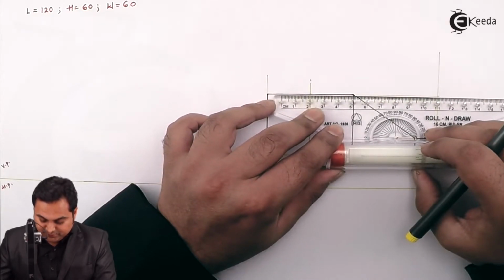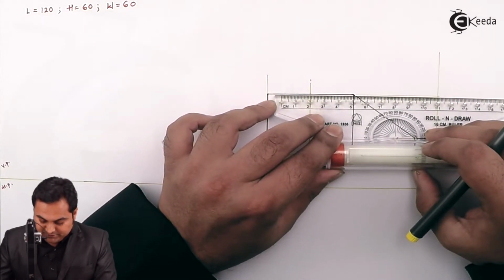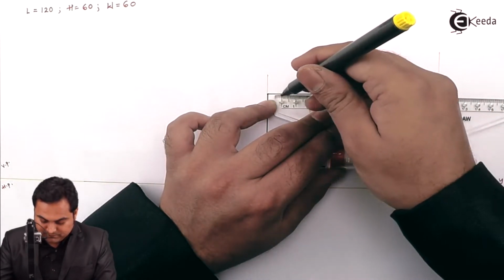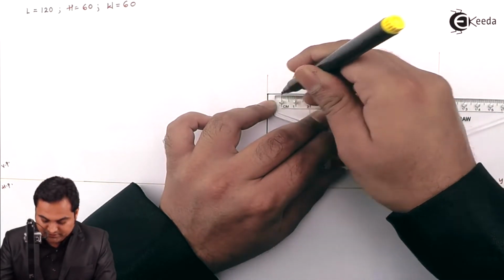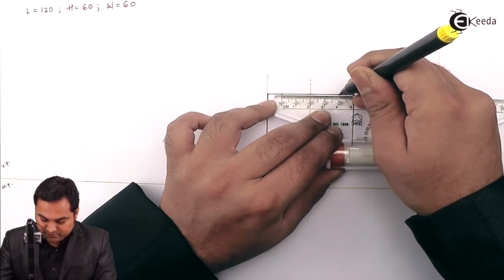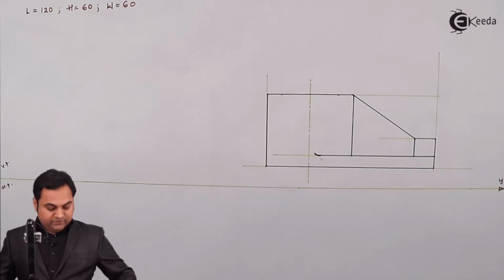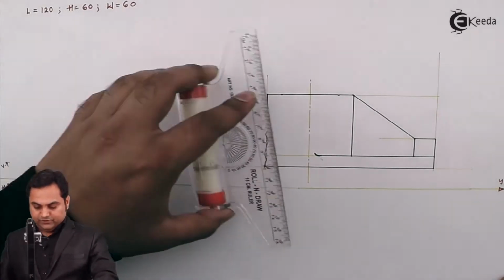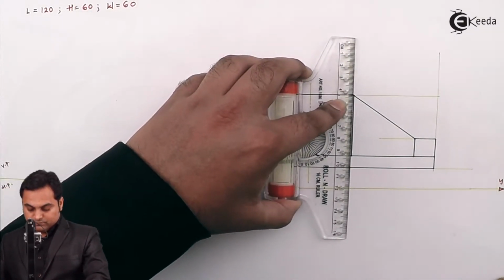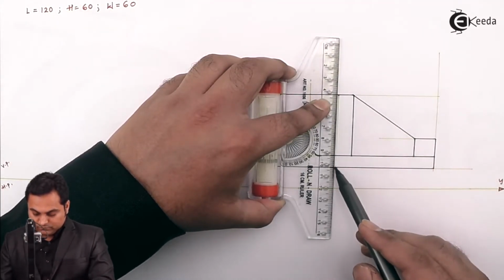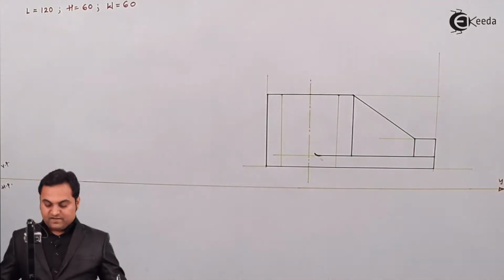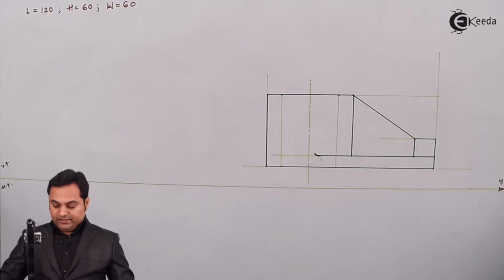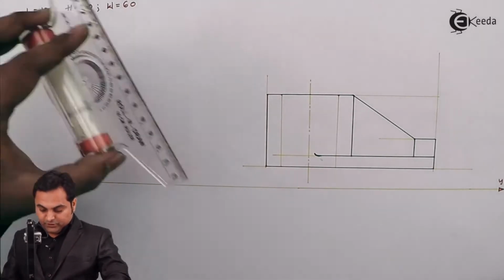The diameter is 40. So from the center I'll measure 20 mm on one side, 20 mm on the other side, and first I'll draw a light vertical line through these points. Then I'll draw the hidden lines, which are dotted lines, equally spaced.